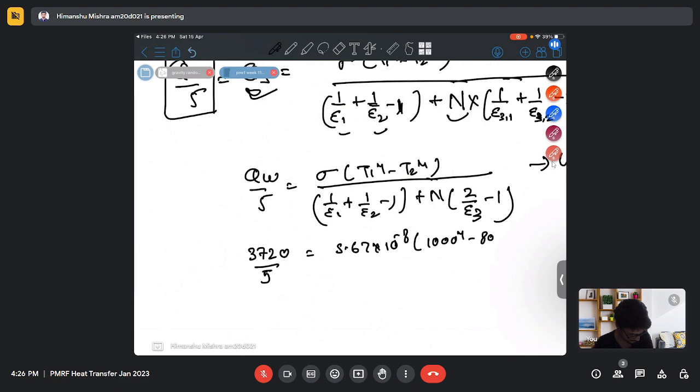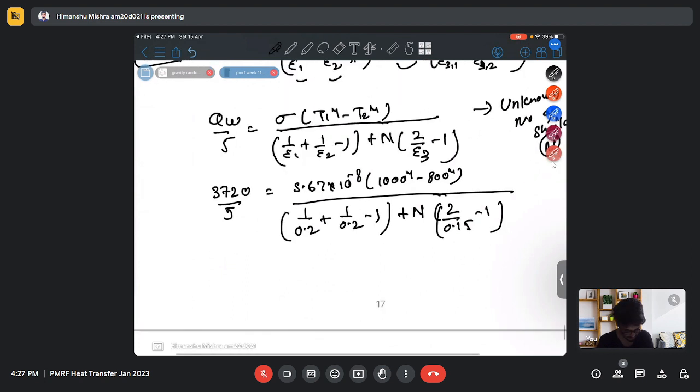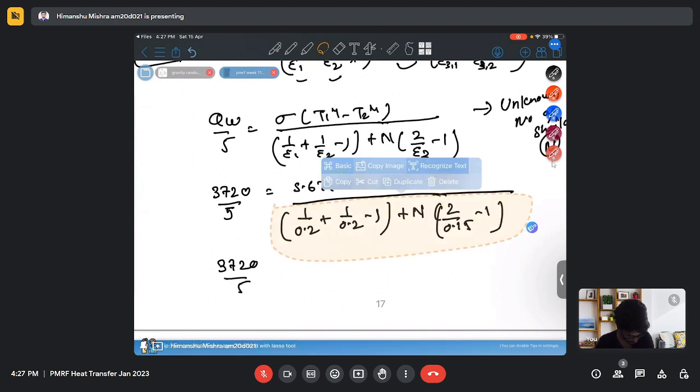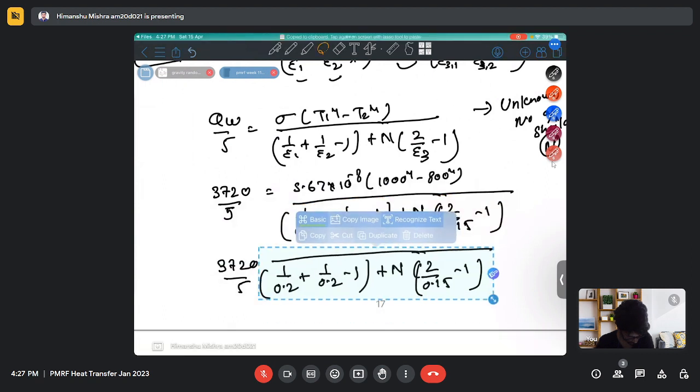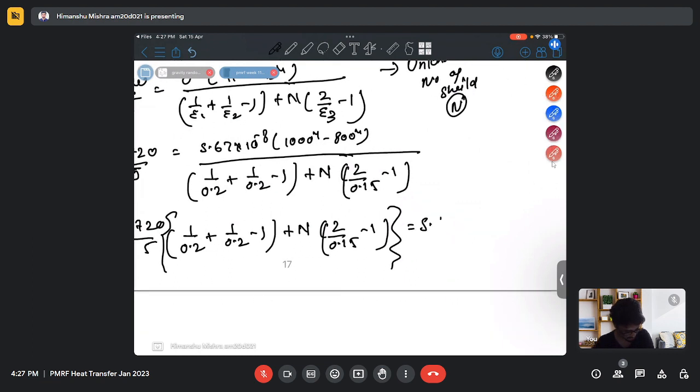I have already been given the temperatures and emissivity, which is 0.2. And n is unknown.